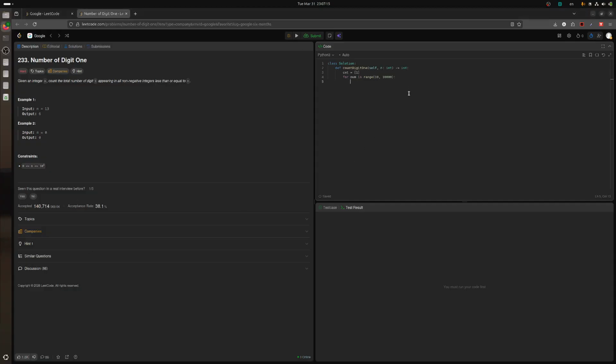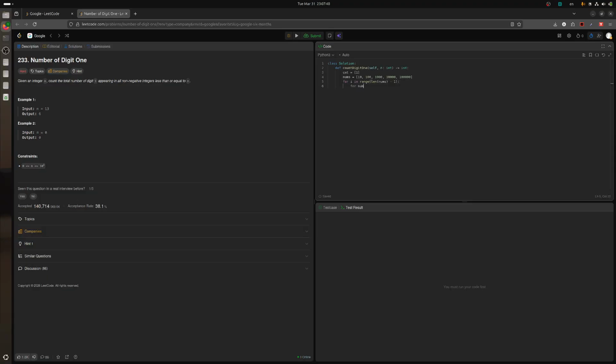Okay, so my intuition would be to first check numbers, like for x in nums, which is 10, 100, 1000, 10,000, 100,000, for i in range 0 to nums minus 1, so 0 can be excluded.